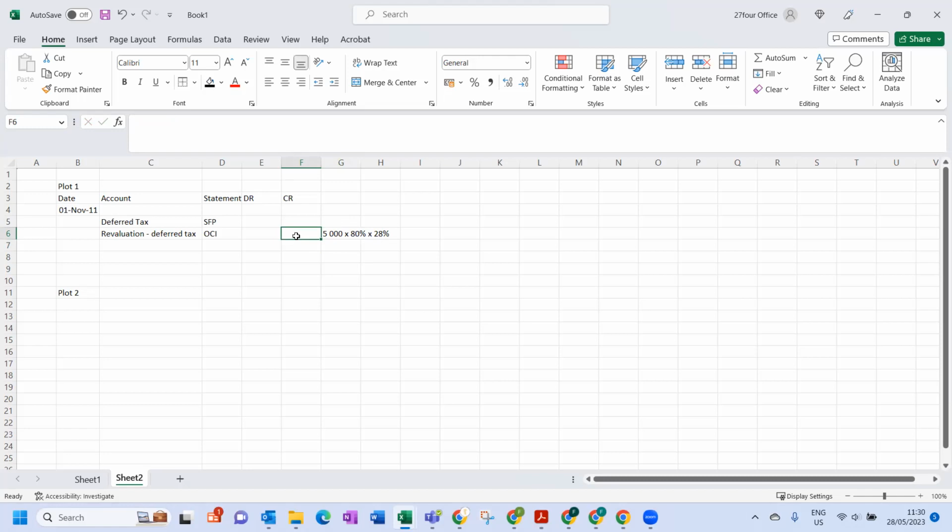A decrease to tax increases profit or loss, and an increase to profit or loss goes on the credit side. So that is that line item over there.